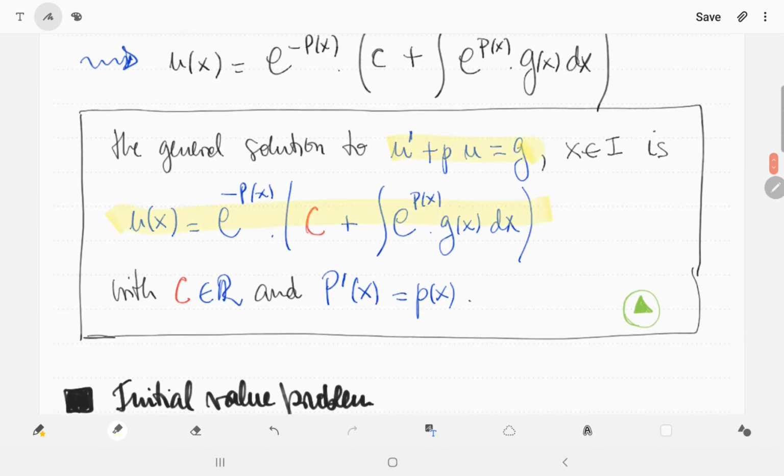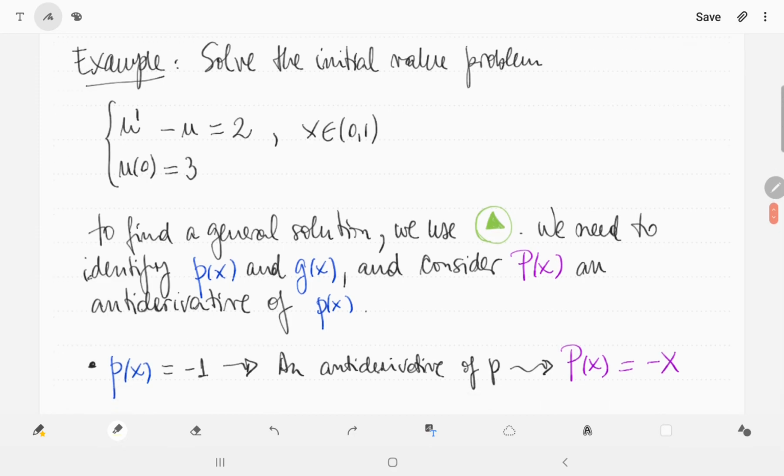You just need to identify who is p, who is g, find an antiderivative of p, and then you write this and you get your solution. So that's what we are going to do.